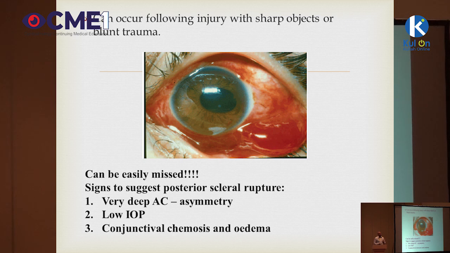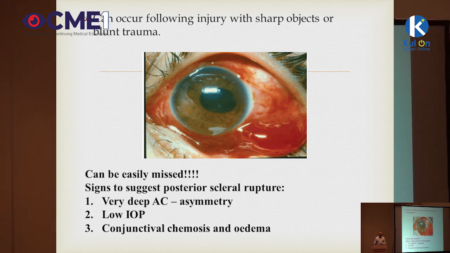So what are the things that you look for in a posterior rupture? For instance, if someone has a penetrating injury of the cornea, it's very obvious. If they have a scleral rupture that's anterior with a peaked pupil, that's also very obvious. But with this patient, you may just suspect that they have a hyphema from a blunt eye injury and discharge them without checking carefully for a posterior rupture.